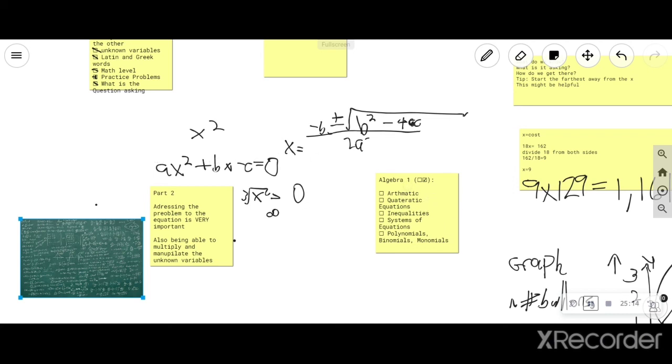There's arithmetic, quadratic equations, inequality systems of equations, polynomials, binomials, and monomials. All of this is very important and just goes back to the heart of algebra. And there's also x squared and the quadratic equation: negative b plus or minus the square root of b squared minus 4ac, over 2a.